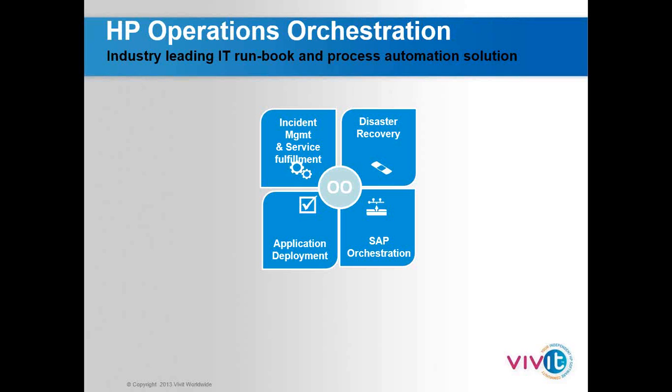Number 1 is appropriate incident management and service fulfillment, and we have taken the use cases from this quadrant only. But there are other areas in which the IT organizations could benefit by leveraging the power of automation and orchestration, such as disaster recovery.